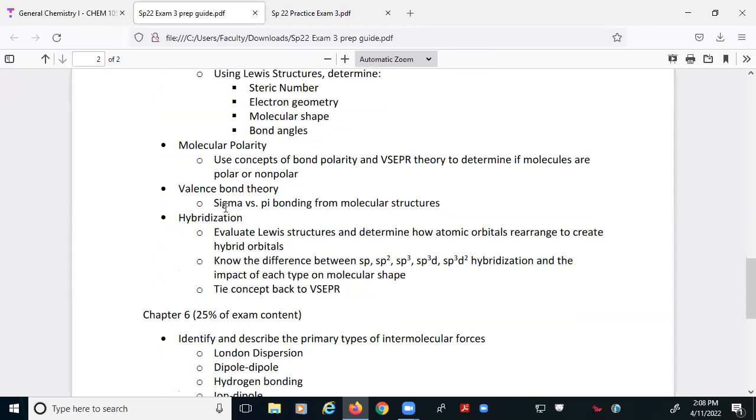Can we look at a bonding structure and determine how many sigma bonds, how many of those direct overlap interactions there are versus how many parallel interactions there are? Can we look at the structure, at the steric number, and determine hybridization?